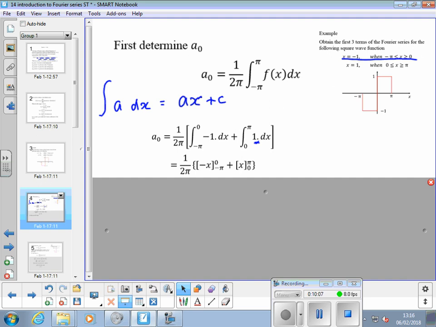Anyone remember how we solve definite integrals? Did I tell you at the end of last year you could forget all the maths you'd done in computational analytical methods?